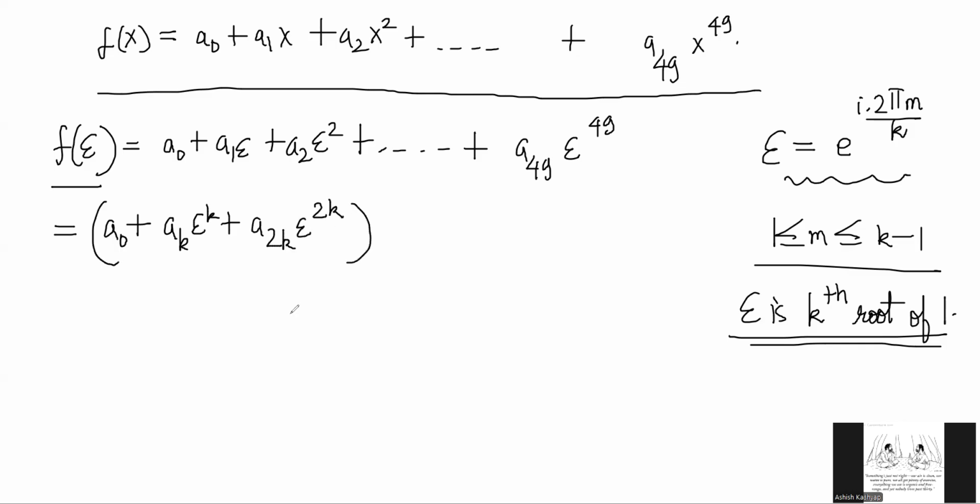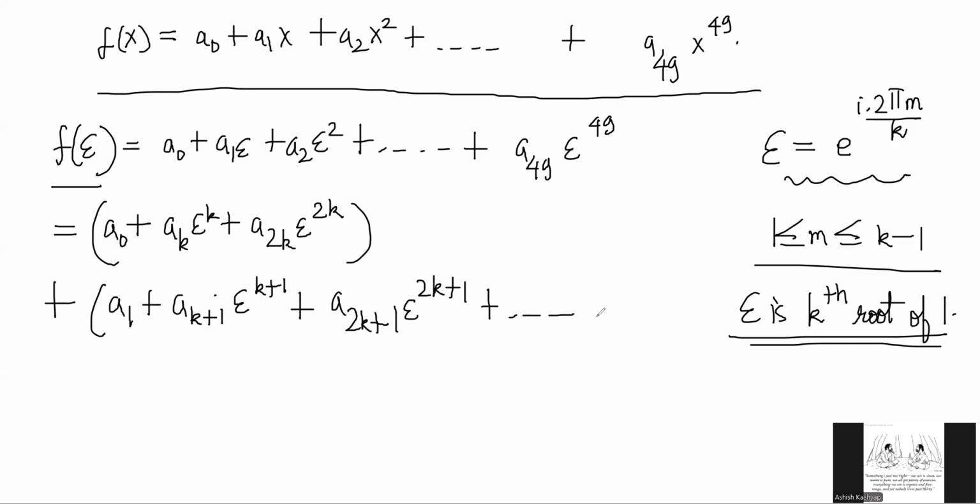I will group these terms together, plus I will group a1 plus ak plus 1 epsilon power k plus 1 and a2k plus 1 epsilon power 2k plus 1, these terms together.